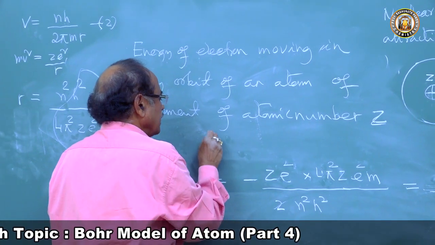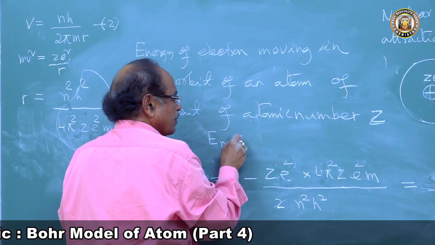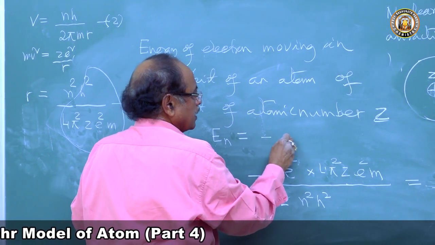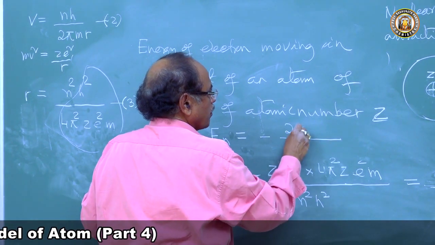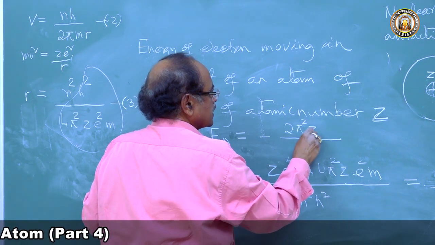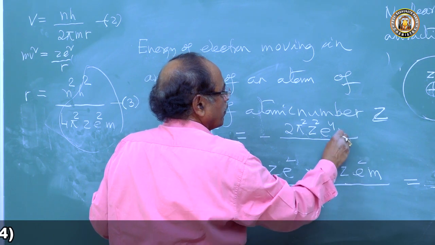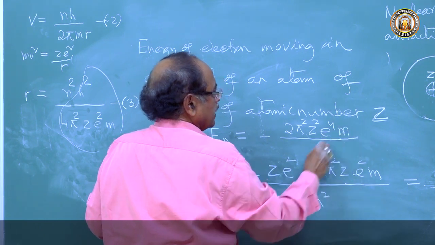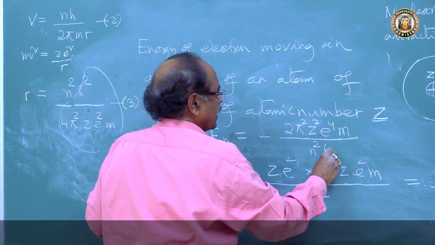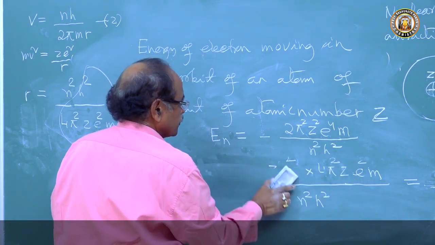That is, En, moving in the nth orbit, En will be minus 2 pi square Z square e fourth m by n square h square. We got this value.